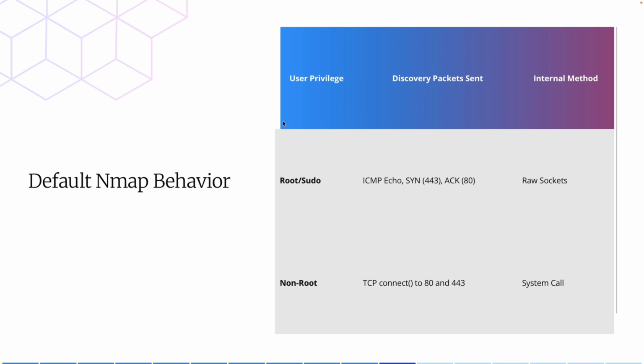Default Nmap behavior is important when run with root privileges. Nmap typically sends ICMP echo, TCP SYN to port 443, and TCP ACK to port 80. When we don't run Nmap as root, Nmap uses the TCP connect method instead. Nmap adapts based on privilege level.